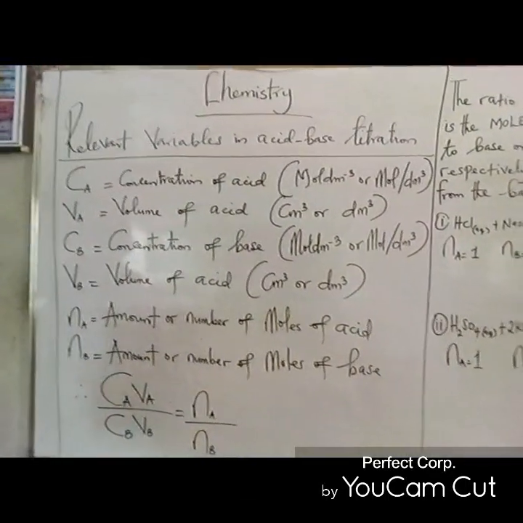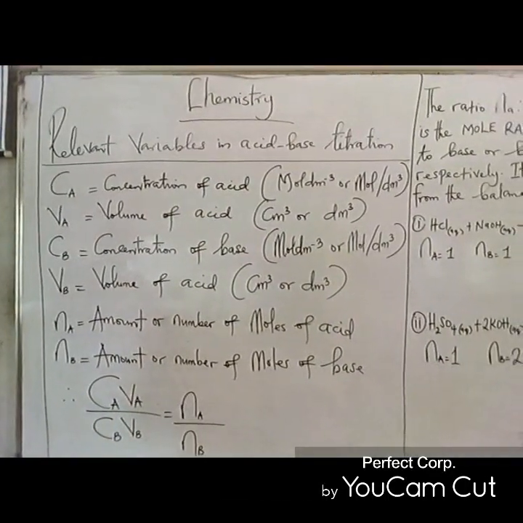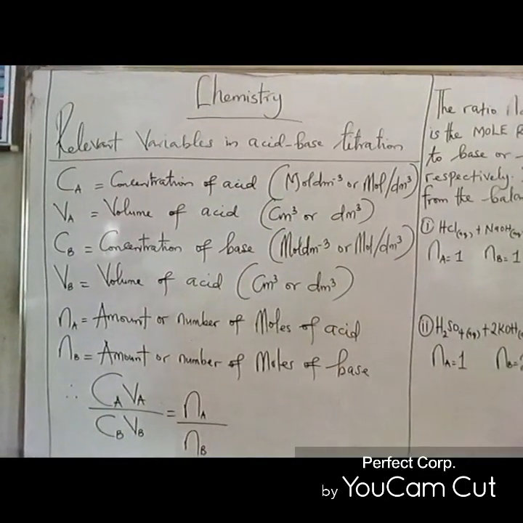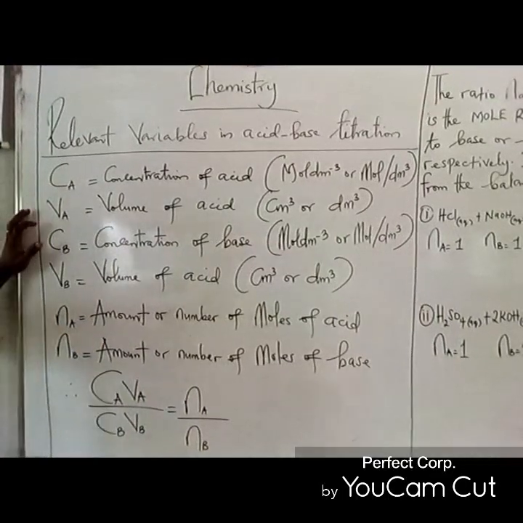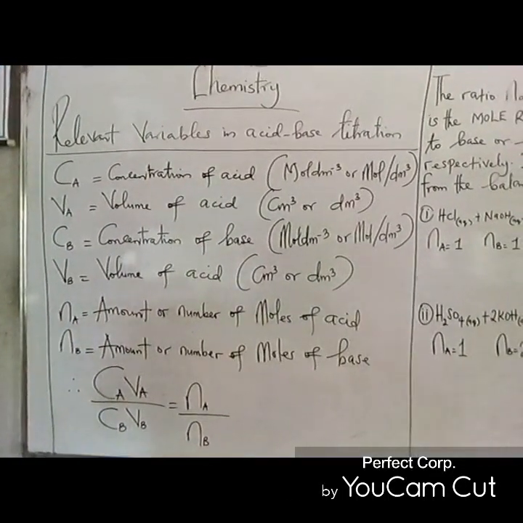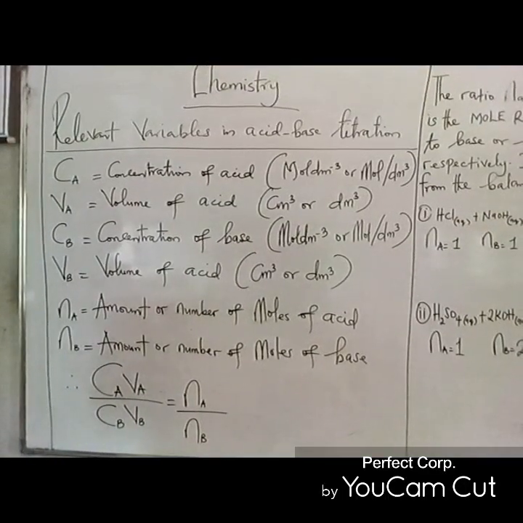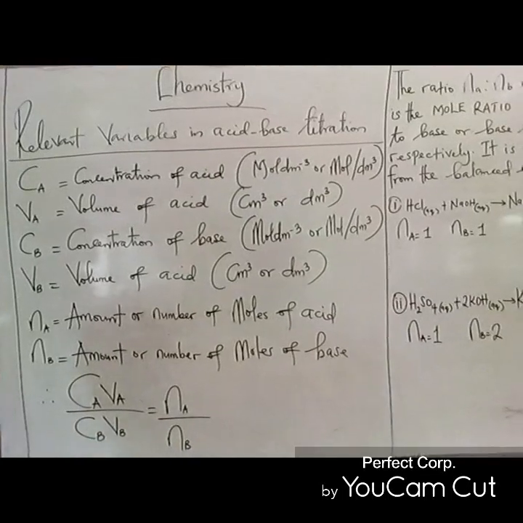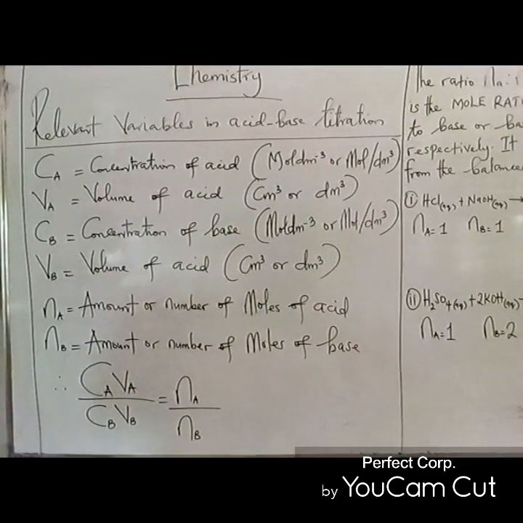The relevant variables in acid-base titration majorly consist of 6 variables, and the 6 variables are CAVA, CBVB, and NANB. So in this part, we are going to explain each of these variables.